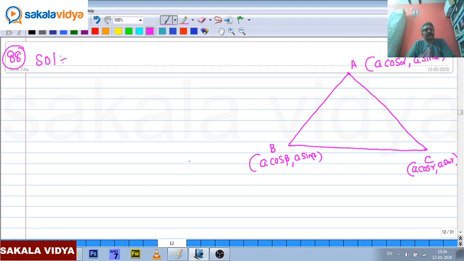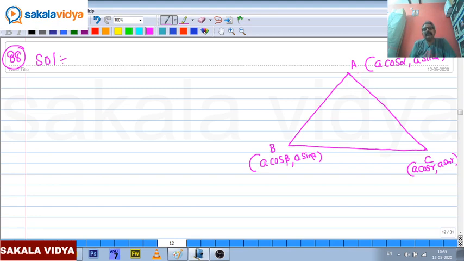See, I ask you one question. What is the distance from origin to a cos alpha comma a sin alpha? It is actually a. Similarly, the distance from origin to a cos beta comma a sin beta is also a. Distance from origin to a cos gamma, a sin gamma is also a.